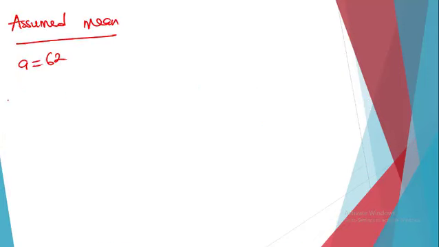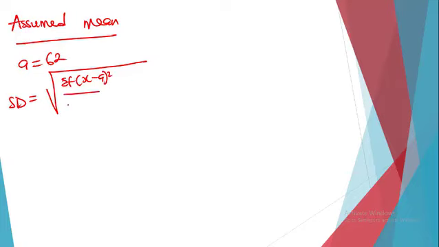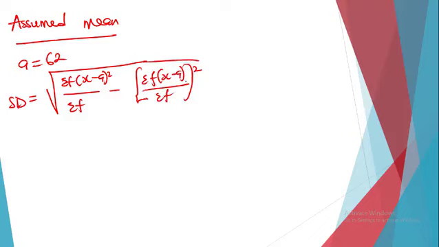We have SD, which is the standard deviation, equal to square root of sigma f into x minus a all squared all over sigma f, minus open the bracket, sigma f into x minus a, then all over sigma f, all squared.